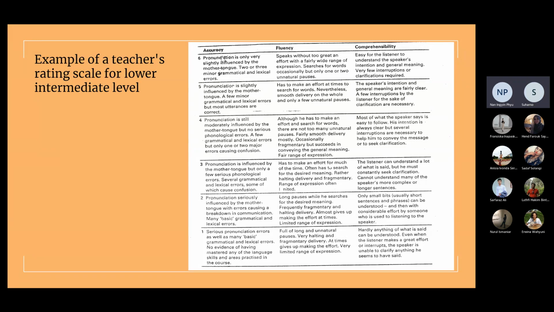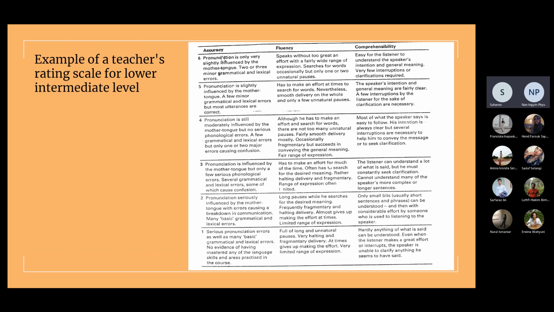Fluency is speaking without much hesitation, with relevant expression and searching for words occasionally, but only 1 or 2 unnatural pauses. Comprehensibility is that it is easy for the listener to understand the speaker's intention and meaning. Very little interaction and clarification is needed. Those are the things marked as criteria for rating 6.